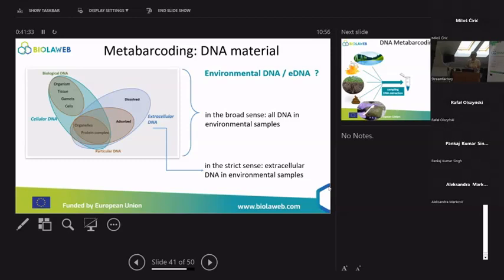If you take biofilms, you will have diatoms in these biofilms, but you will have also some free DNA in the biofilm matrix. So just to know that some people are very strict and don't want you to speak about environmental DNA when it's cellular DNA, but just be aware of these two definitions.